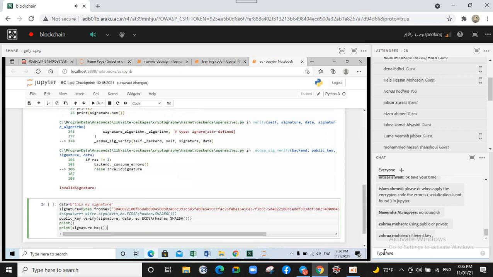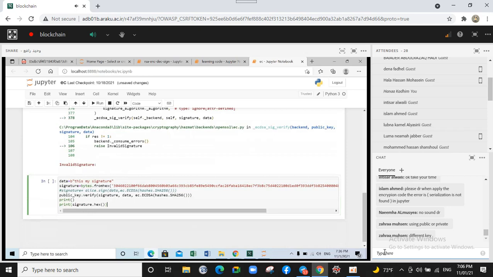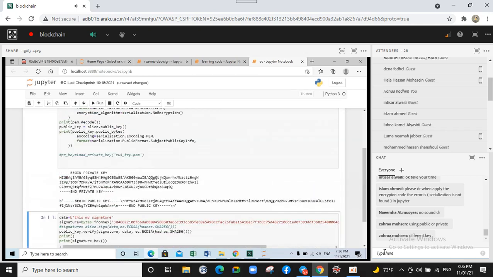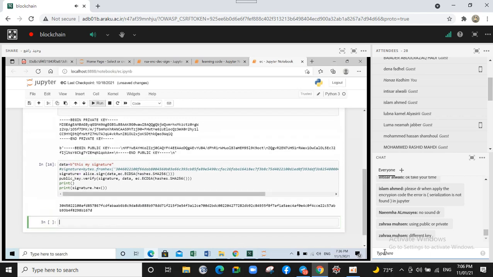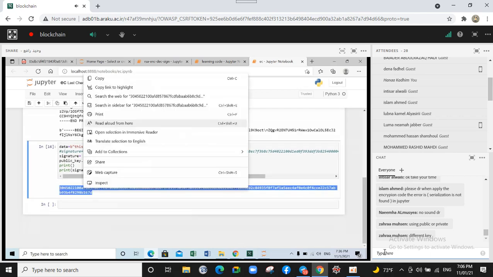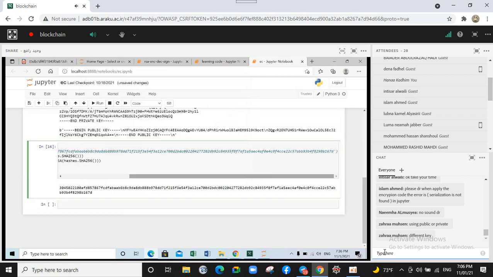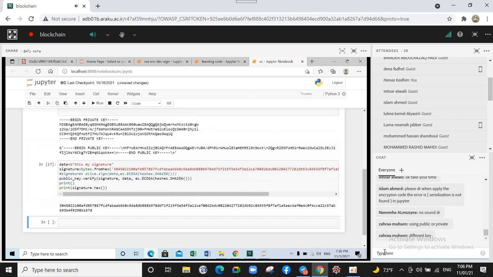Now I think everything must be okay. So I run it, then I run this part. Okay, this is the digital signature. I copy it, paste it here. And now I check the digital signature. Okay, everything is okay.